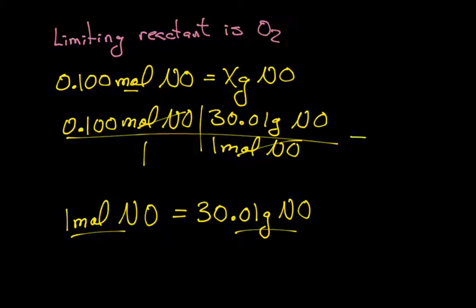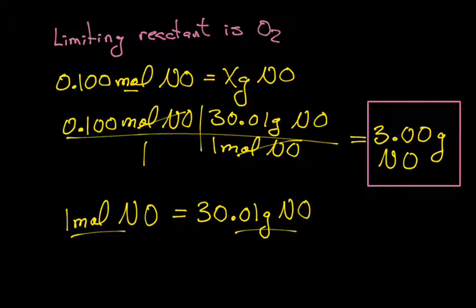So when we multiply across the top with the correct number of sig figs, which is 3, we get 3.00 grams NO. So the second question was how much NO could be produced, and that would be right here, 3.00 grams NO.